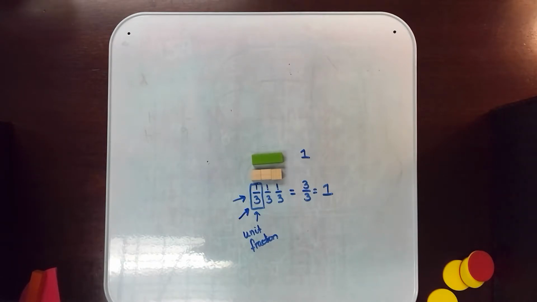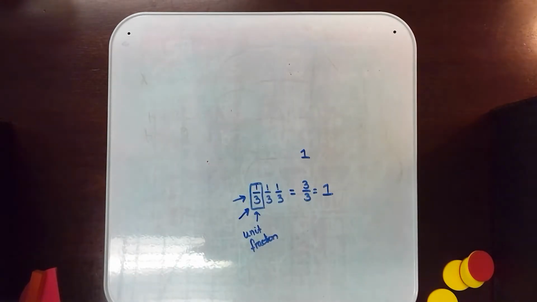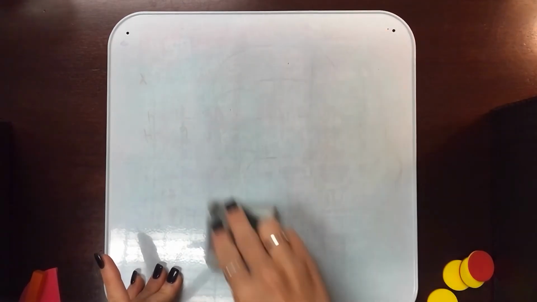As you're building concretely, you then build pictorially and show them the exact same thing. They need to see it side by side. You're talking about what is the unit fraction every single time students create a fraction or you talk about a fraction.